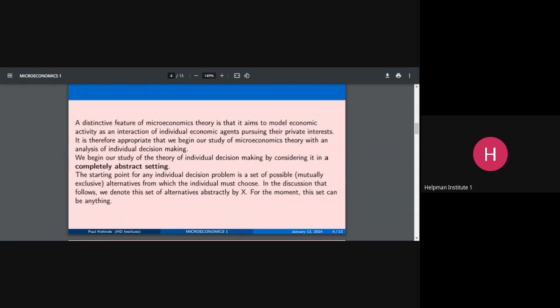Like I discussed in the last class, for us to be able to construct a good model in making an individual decision, one needs to be able to make a preference of his items or of his wants, what he wants to make a decision on.